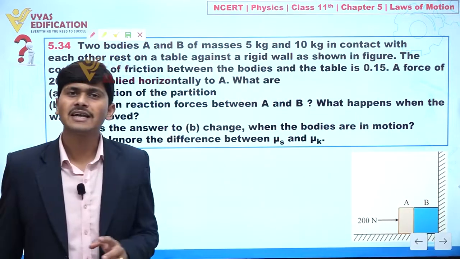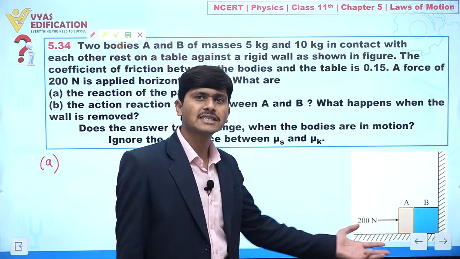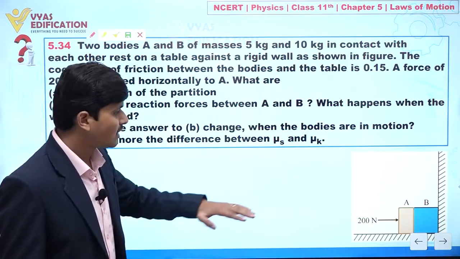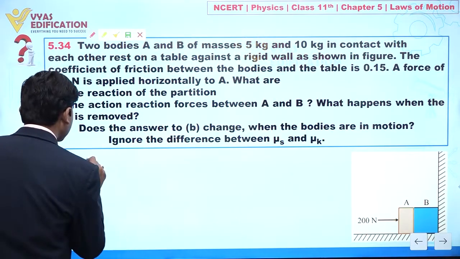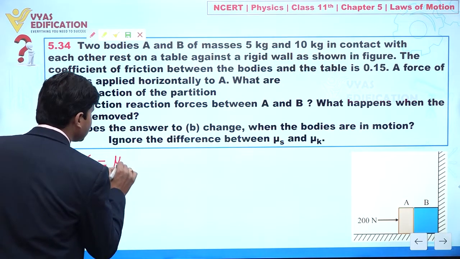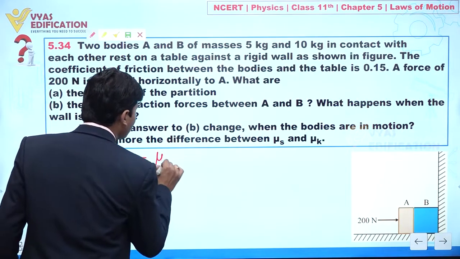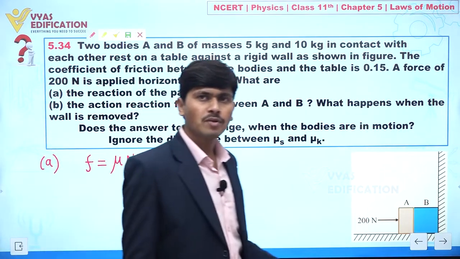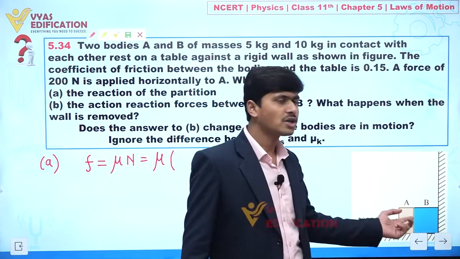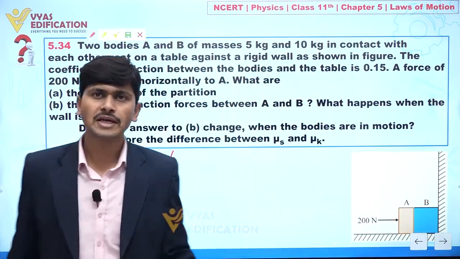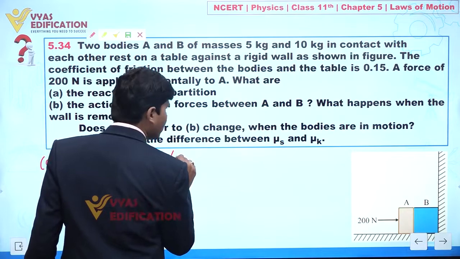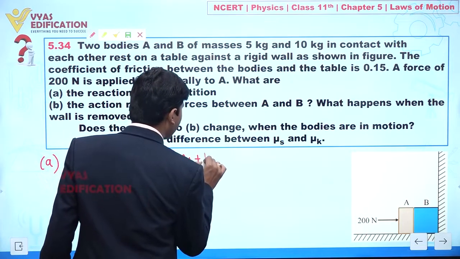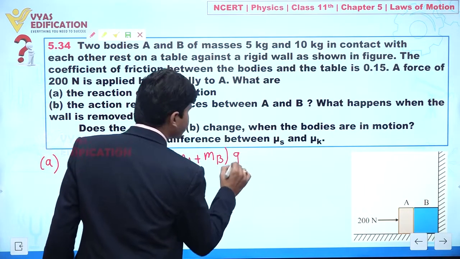So first, can I calculate the total friction force acting between the blocks and the table? Yes. Friction is given by mu times N, where N is the normal reaction. Normal is given by the total mass of the blocks multiplied by g, so we have Ma plus Mb, multiplied by g.